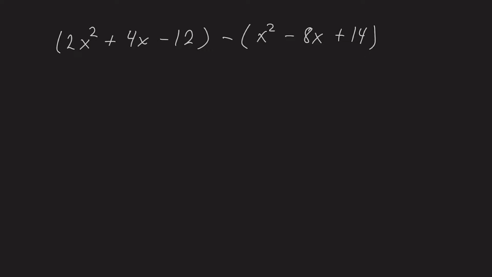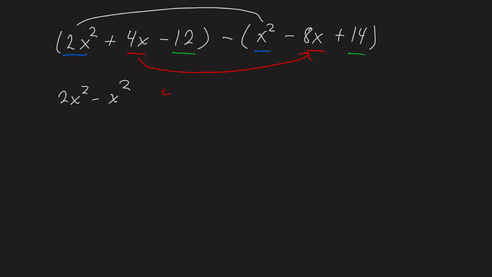Again, we're going to match up everything that has the same relationship to x, and then continue with our subtraction operation from there. First we have 2x squared minus x squared. Then we have 4x minus negative 8x from this pair. And then we unite negative 12 minus 14.